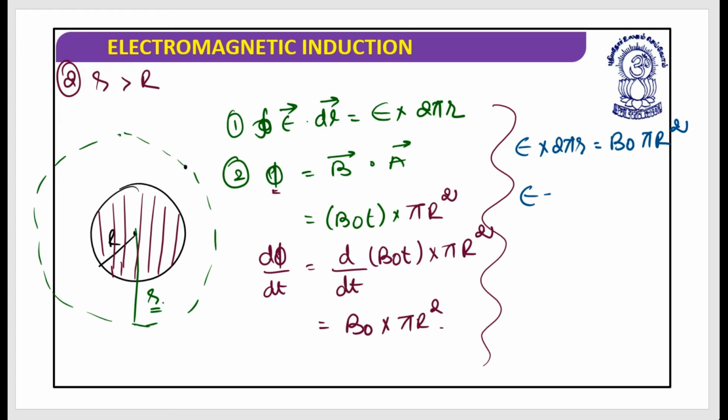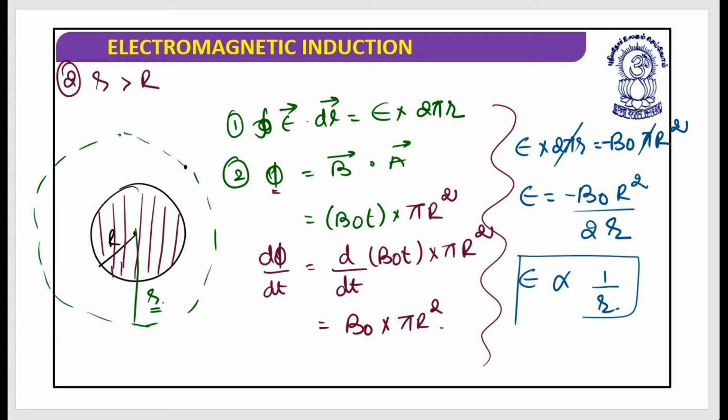So this E would be equal to, π and π cancel, minus B₀ into r² divided by 2r. This has a relation with E inversely proportional to r. So this is the induced electric field.